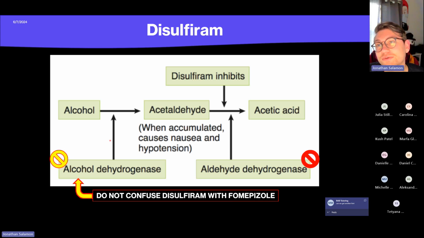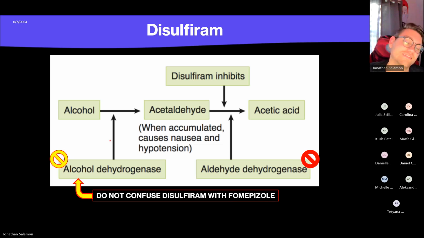You're probably more likely to give it to a dog than a person, I guess. You need to know this for comp though, for sure. All right. Ethylene glycol poisoning.